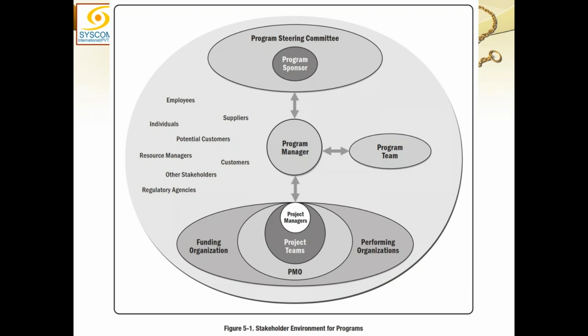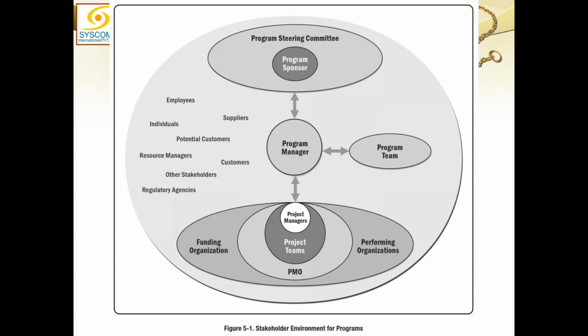You have delegated the work to a lower body, the project manager, and he is responsible for all the domains within the project. At the same time, you are also dealing with your own project team. All of these are the stakeholders in this environment, all within the big circle.